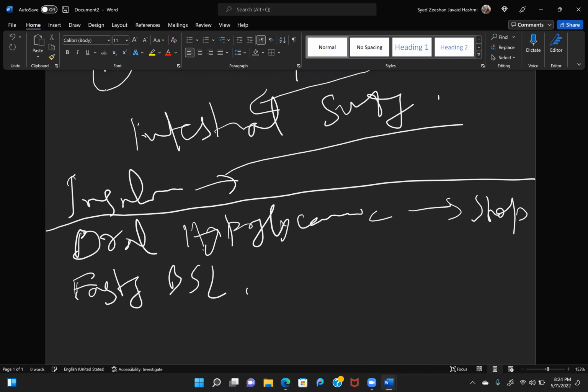Similarly, if it is long acting insulin, you will convert it into regular insulin. The night before surgery, for example if the patient is taking long acting insulin at night, you will not give it. You will convert it into regular insulin. You will be doing the fasting blood sugar. And what is the limit for it?